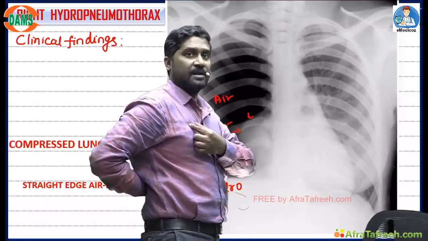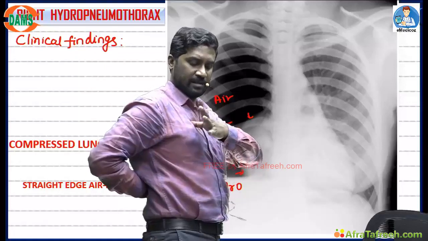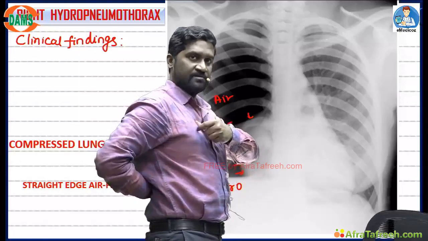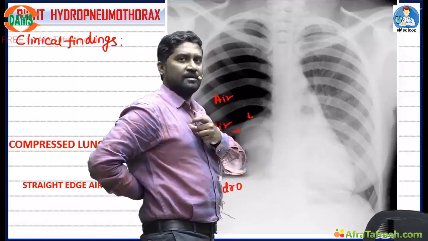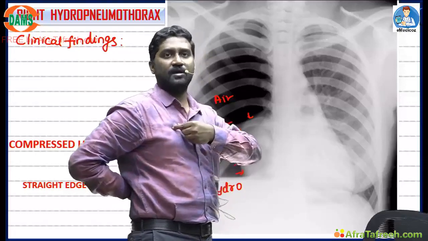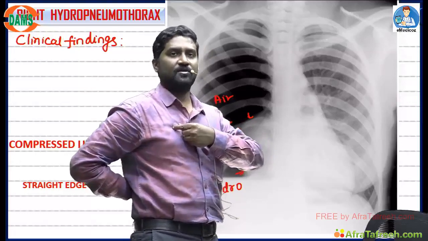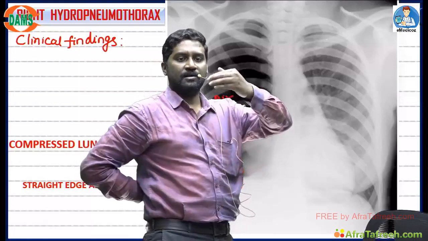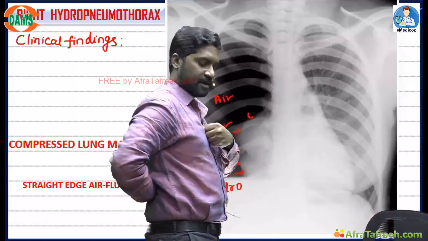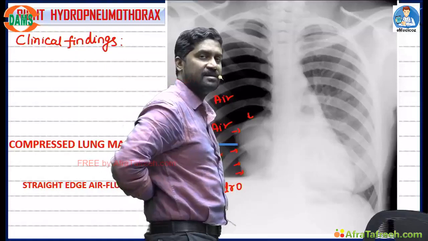Now this metallic sound, because your lung is compressed by the air, whatever is present here is pure air. So the sound travels through pure air. Pure air will not filter this sound. It will conduct it as it is. Because pure air is not filtering the sound, even if I am talking, you all are able to listen. So because the sound is passing through pure air, the metallic sound can be heard posteriorly very well.